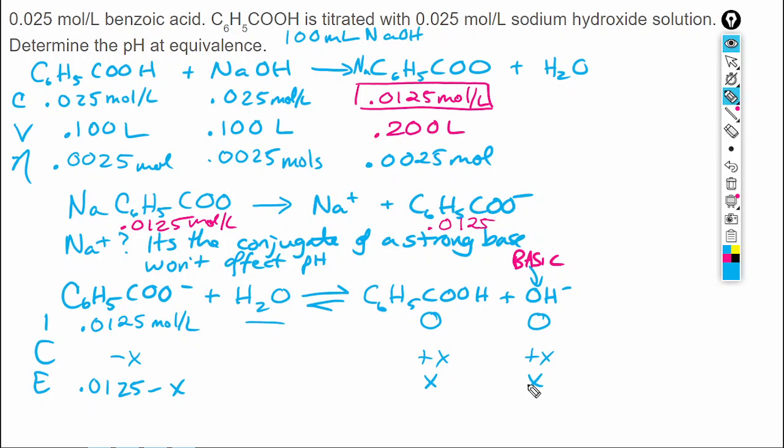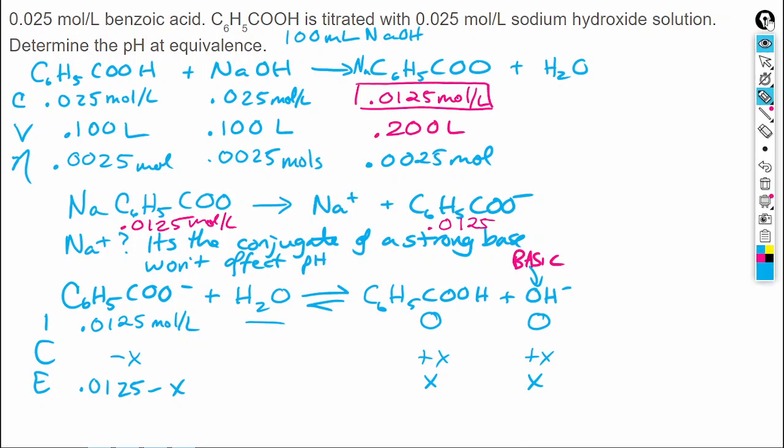Okay, but here, is the benzoic acid or the benzoate acting as an acid or a base? So do I need the base dissociation constant or the acid dissociation constant? Base. So I kind of ran out of room, I'm moving up over here.